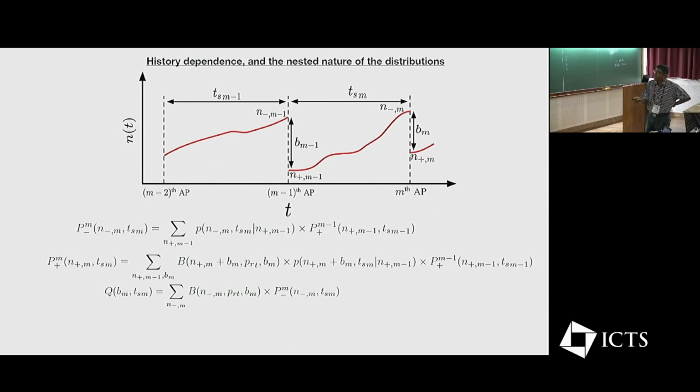Likewise, you can get the probability of this bm if you know the probability of this n minus, for example, multiplying by a binomial and summing over n minus. If you want the probability of the n minus, that's the first line, which you can get by building up from the n plus here, multiplying with the propagation of that number from here to here. So all these are fine.